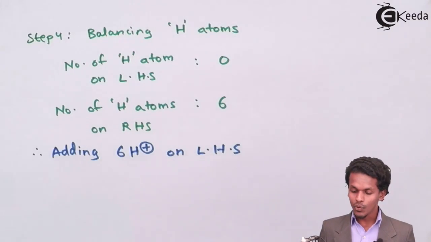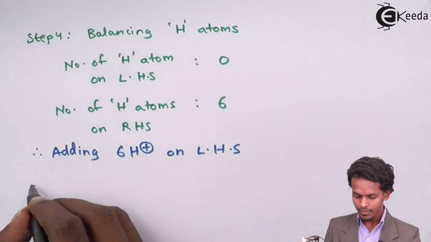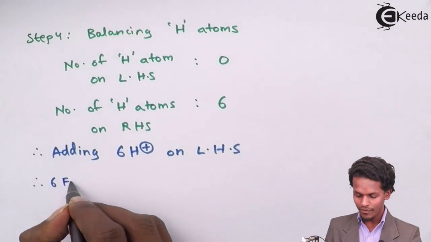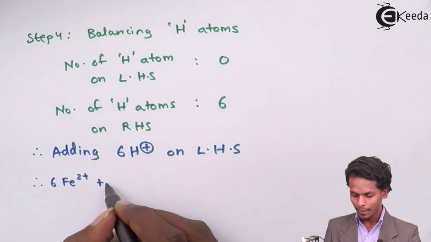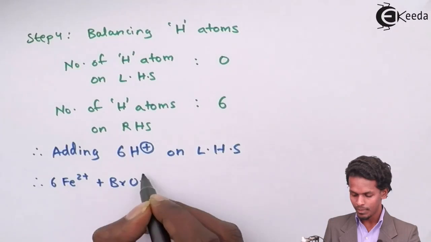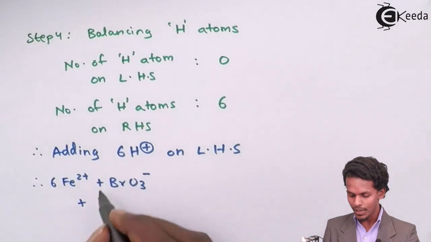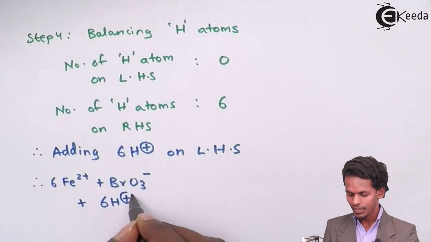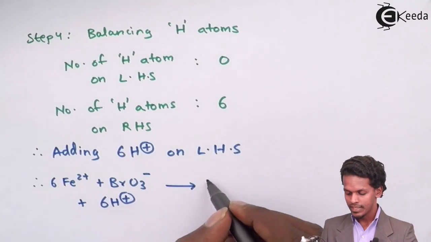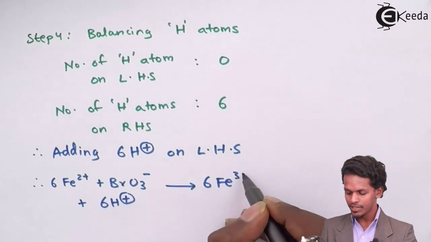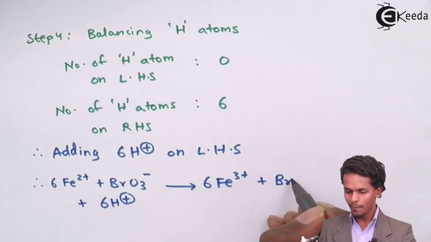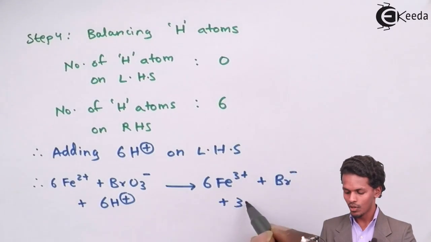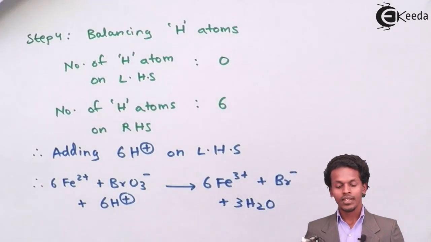Therefore the overall answer that I get is 6 times Fe2+ plus BrO3- plus 6 times H+, that should give us 6 times Fe3+ plus Br- plus 3 times H2O.